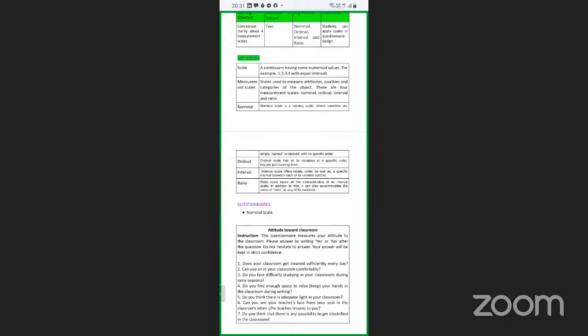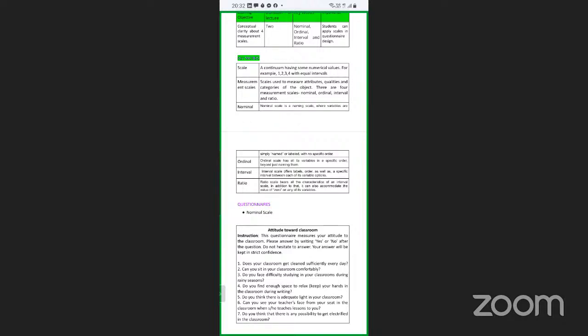So this is the order. But always keep in mind that psychologists or the business psychologists, they are using the rating scale, and this rating scale is not the ordinal scale.